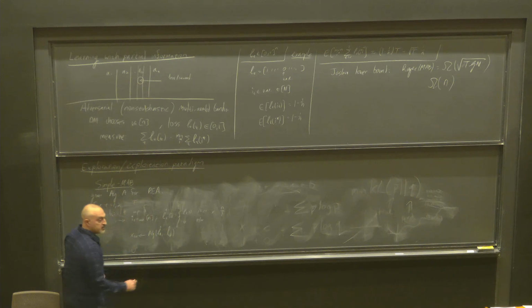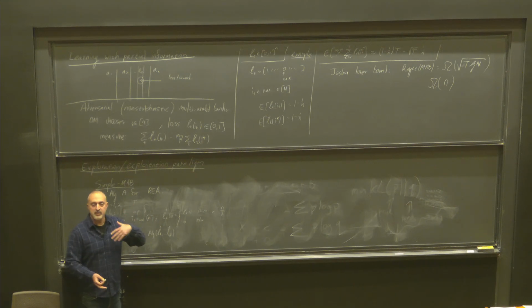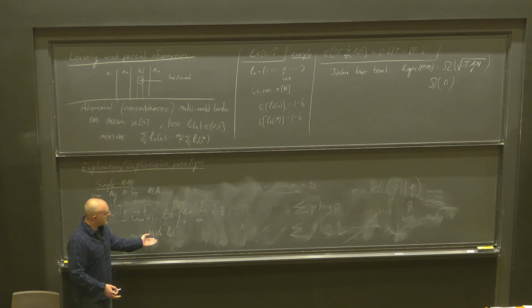So I'm updating my distribution according to the vector that I have created. And I will show in a minute this vector is a good vector. The expectation of LT hat is going to be LT. If I have the entire information, I can use whatever algorithm I use.